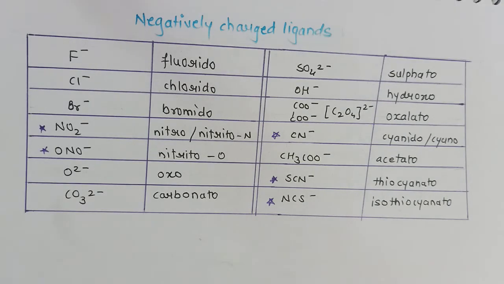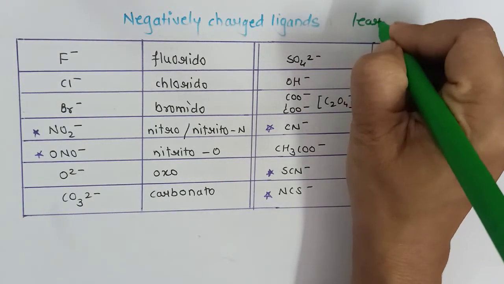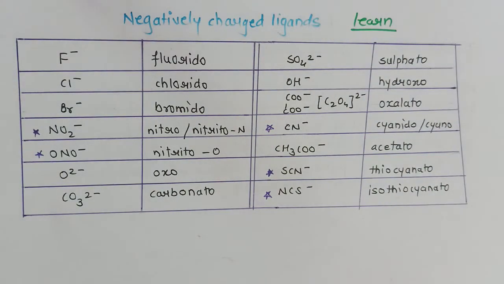We know the ligands are of three types: negatively charged, positively charged, and neutral. So first of all, we'll discuss how we name negatively charged ligands. As negatively charged ligands are plenty in number, you have to learn these examples. Now, what common thing have you seen in these examples?